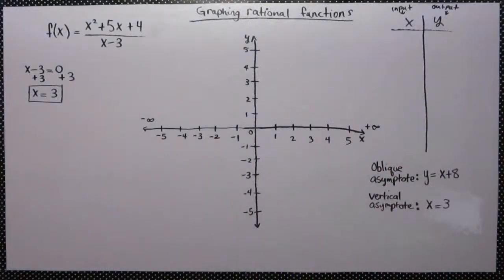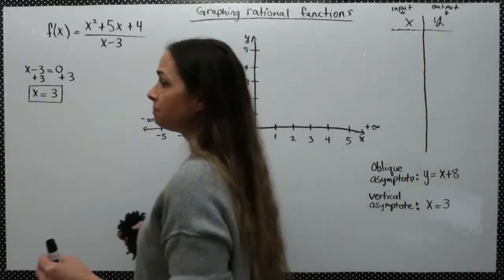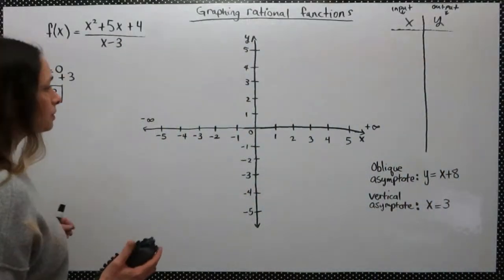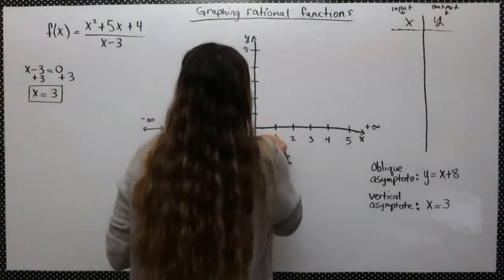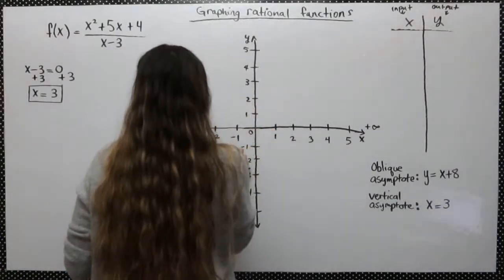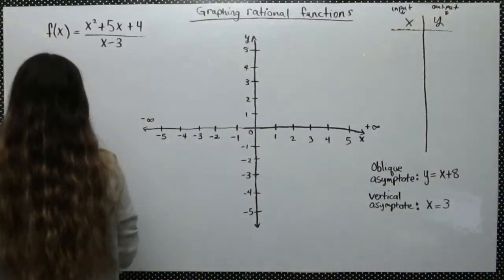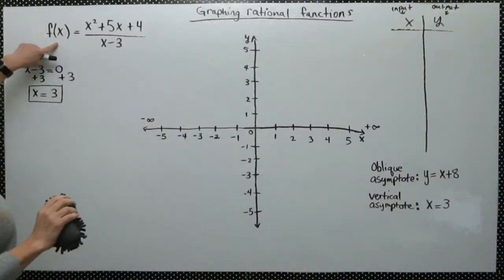So there could be multiple crossings. There could be only one crossing. There could be no crossing, technically, where it just never crosses. But you find it by a very straightforward process of setting your function equal to 0. So you notice f of x.